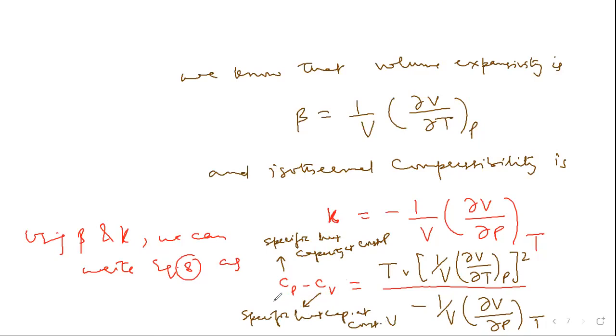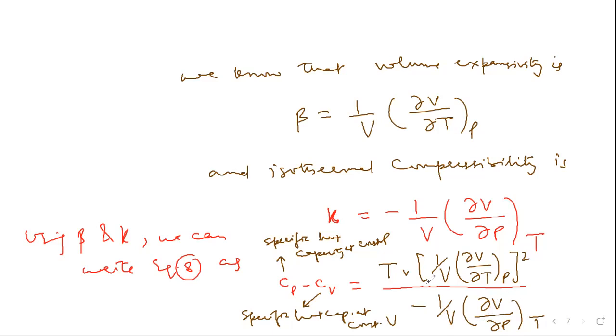So it is heat capacity per unit mass, right? Let me check it. It's T V, 1 over V dou V by dou T at constant P, squared, over minus 1 over V dou V by dou P at constant T.